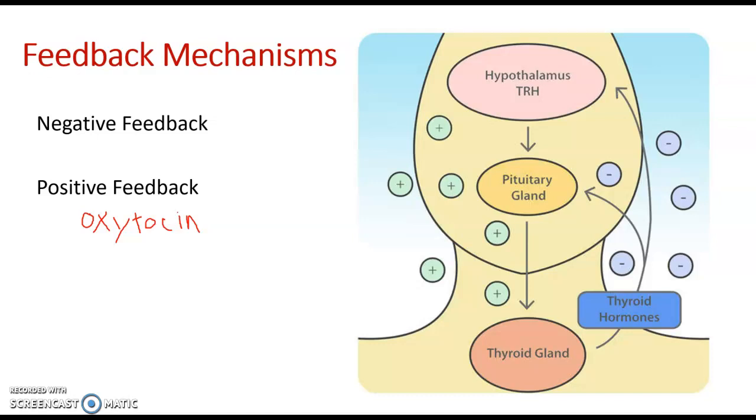And that's an example from a childbirth situation where oxytocin stimulates the contractions of the uterus. So you want those contractions to become stronger and stronger, and that happens because of that positive feedback mechanism, where oxytocin was present in the blood to start the contractions, and then that concentration is going to continue to rise through that positive feedback mechanism and cause those contractions to be stronger and stronger.